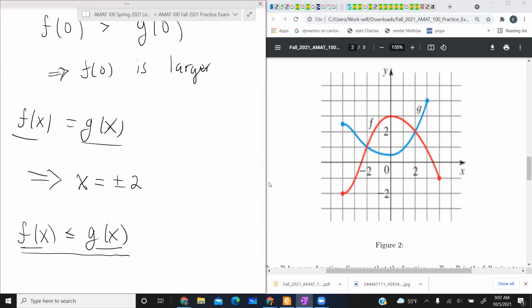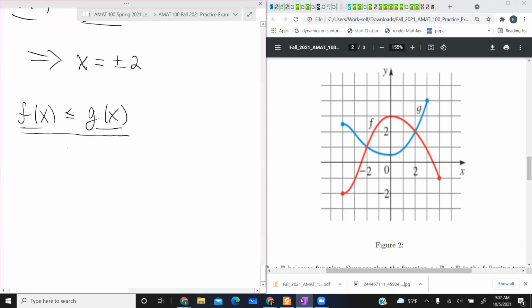Right here, the blue curve, that's the graph of g, is above the graph of f. If you inspect the plot, you can see this is 1, 2, 3, 4. So the solution set to this inequality is -4 to -2, union 2 to 3, 4.